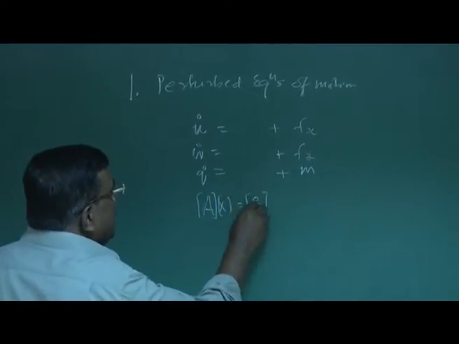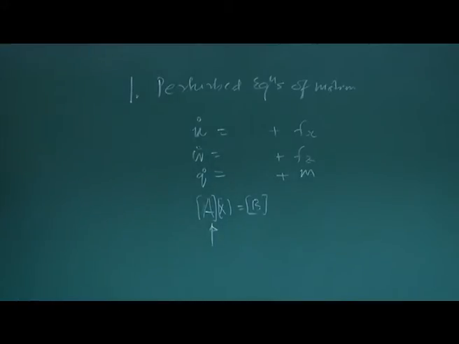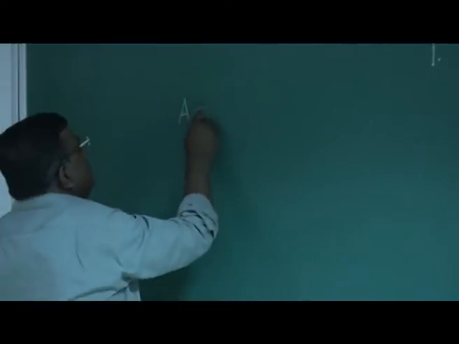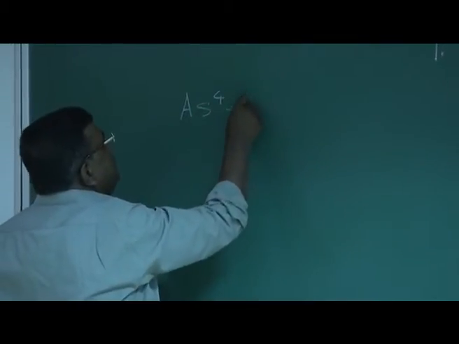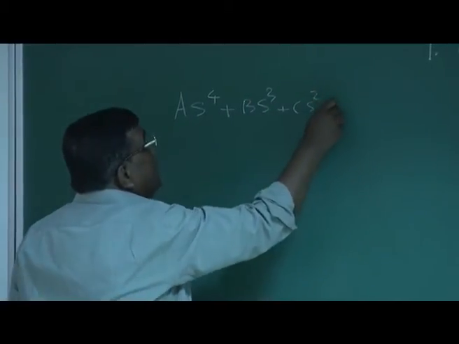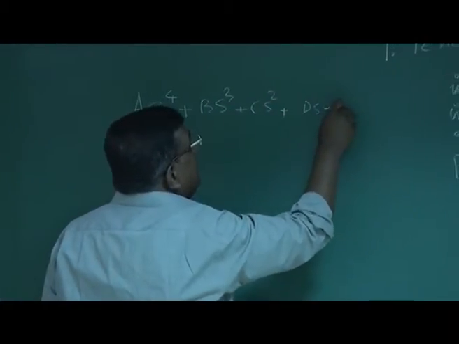Then we know the characteristic equation is determinant of A equal to 0, and we got the characteristic equation of the linear system as As^4 plus Bs^3 plus Cs^2 plus Ds plus E equal to 0.